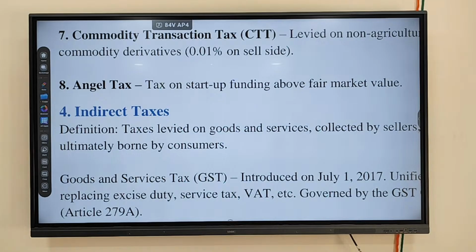And finally, in 2020-21, the government withdrew this angel tax, because this tax would hamper the expansion of smaller companies.